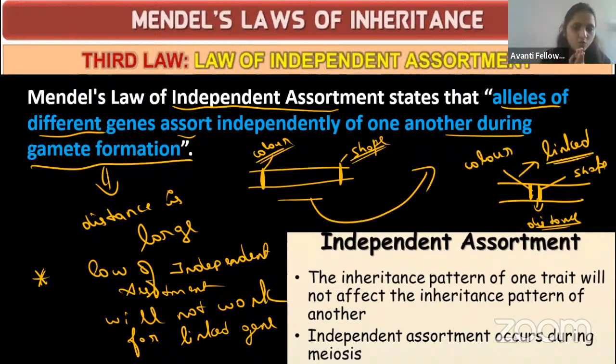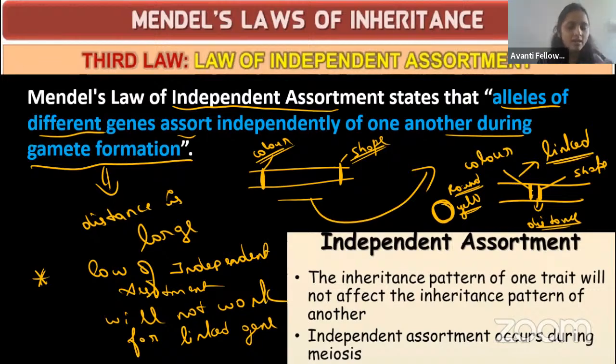Linked gene. So during the recombination, what will happen? Both of these things will go together. For example, this seed has a round shape and yellow color. The shape is round and the color is yellow, and they are linked. Linked means what will happen? All the progeny will come with round and yellow color only.